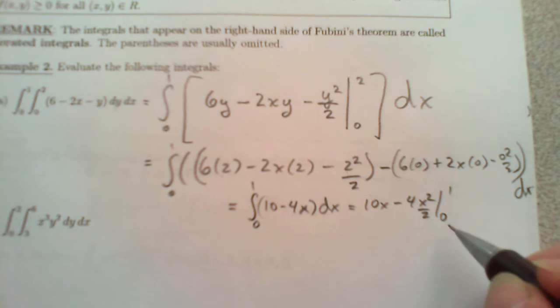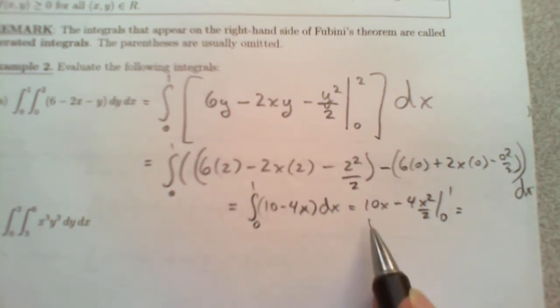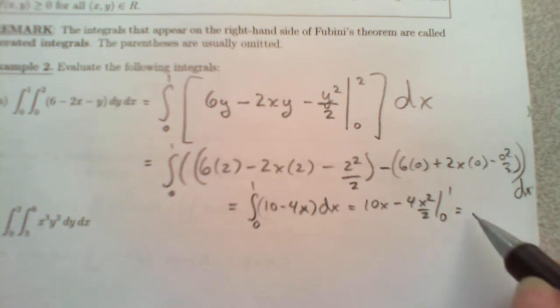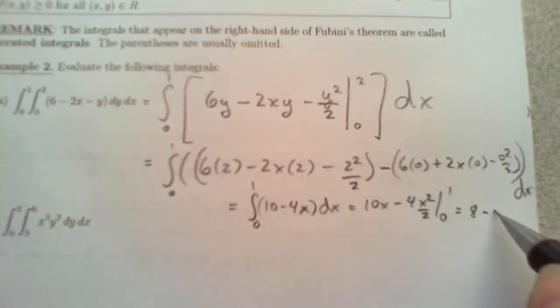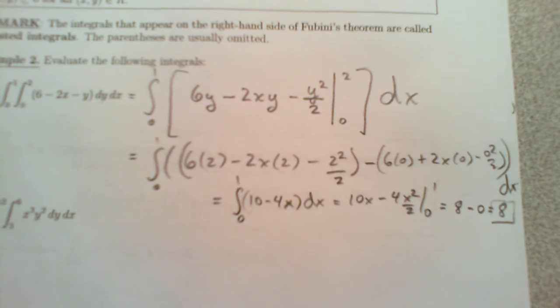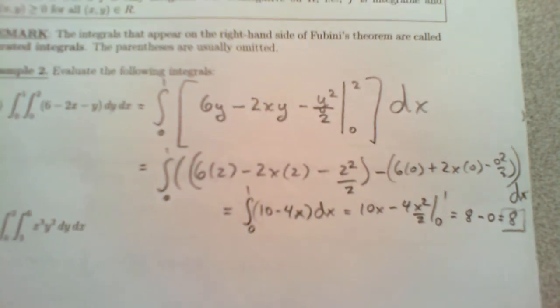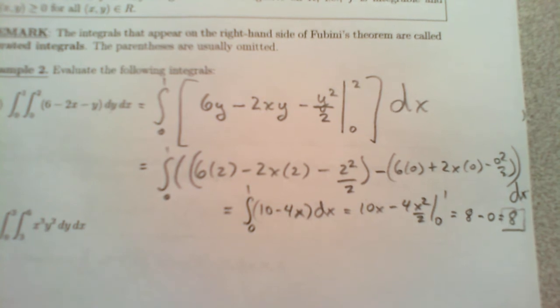When you plug in 1 in this thing, you're going to get 10 minus 2, which is 8. Then when you plug in 0, because they both have x's, you get 0. So the end answer is 8. You just do them one at a time, what they would call an iterated integral. You come from the inside and then work your way out.